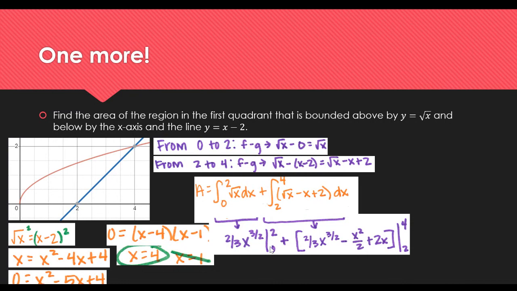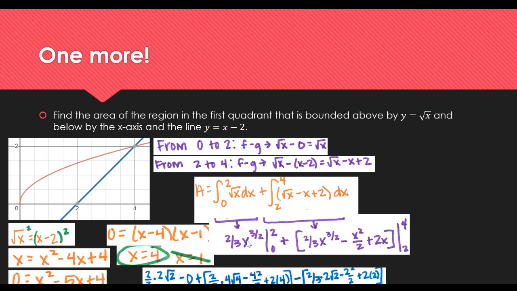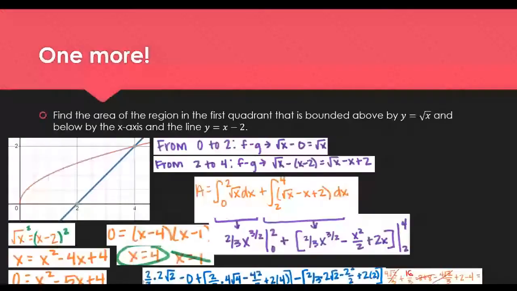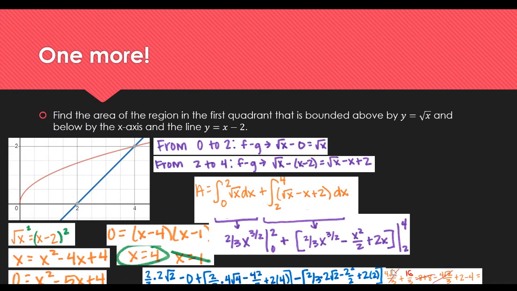So let's talk about this one. If I plug in 0, it's not going to matter. So I plug in 2. This guy, I've got to plug in 4 for all those x's, and then I've got to subtract and plug in 2 for all those x's. Whew. So my first part, I get 4 square roots of 2. My second part, where I plug in the 4.